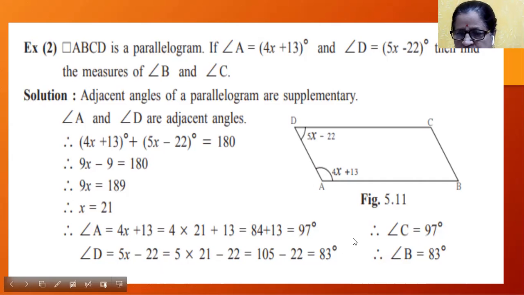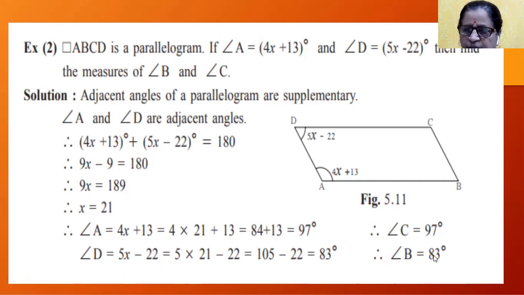These are opposite angles: A's opposite angle is C, so angle C is equal to 97 degrees, and angle D's opposite angle is B, so angle B is equal to 83.